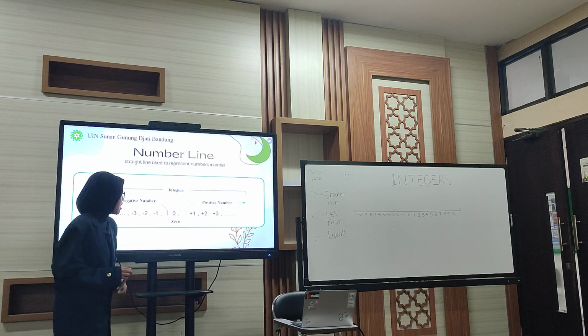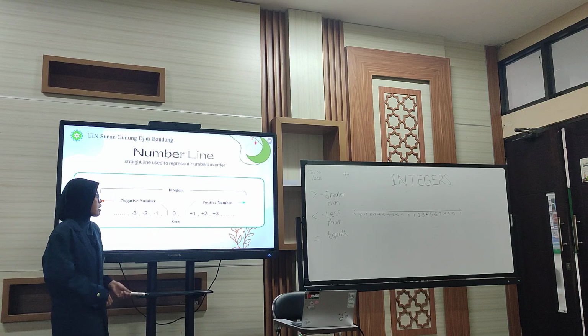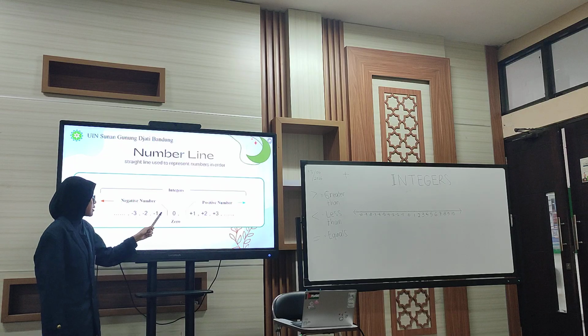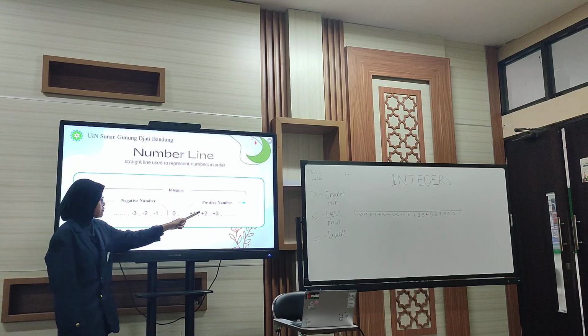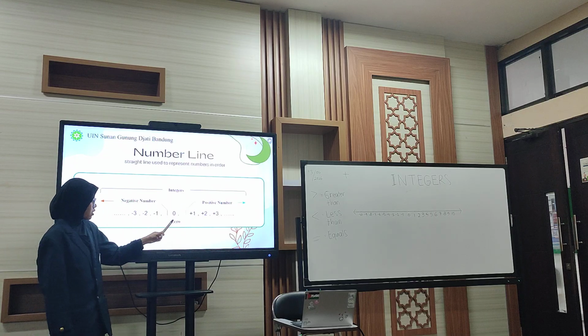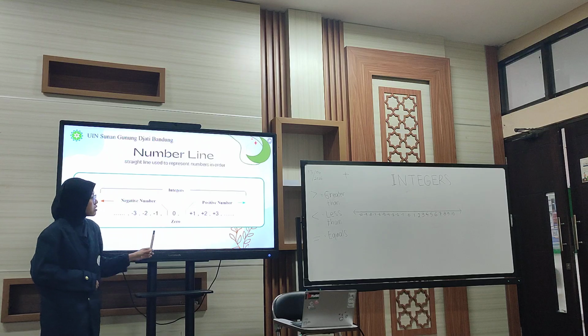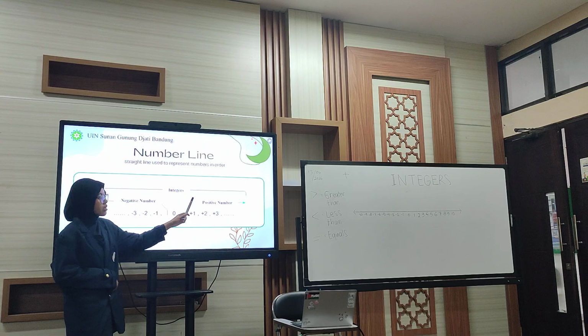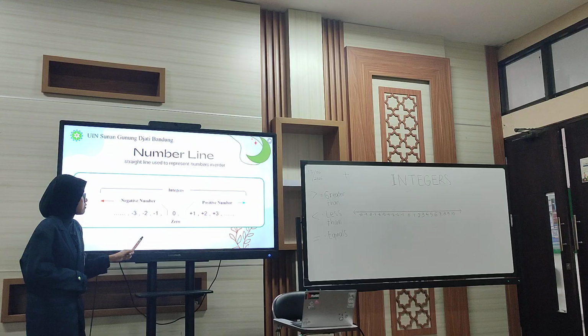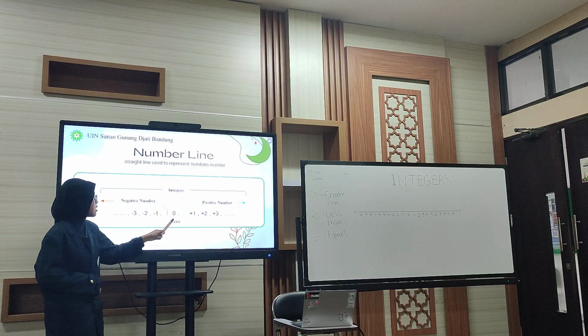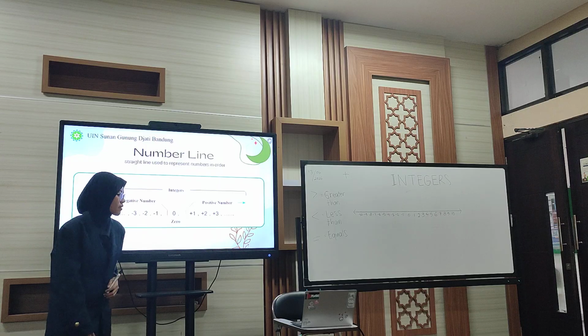As you can see here, the 0 is always in the middle between the negative and the positive numbers. From 0, if you go to the right, you go to the positive side. If from the 0 you go to the left side, you go into the negative side.